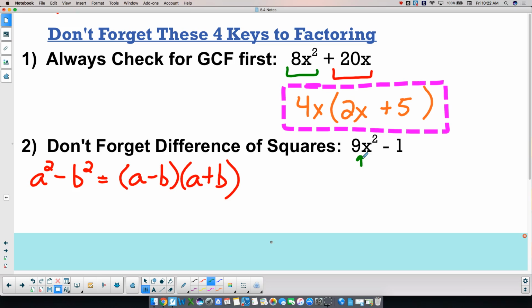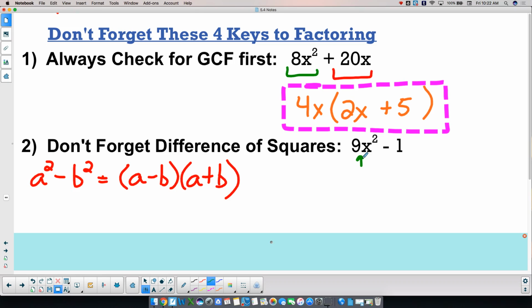Yeah. Side note, does anybody know how you can tell if a variable is a perfect square? Anybody know? Got something to do with the exponent. An even number. An even number, yep. If the exponent is even, that variable is a perfect square. Okay? If the exponent is a multiple of 3, it's a perfect cube.